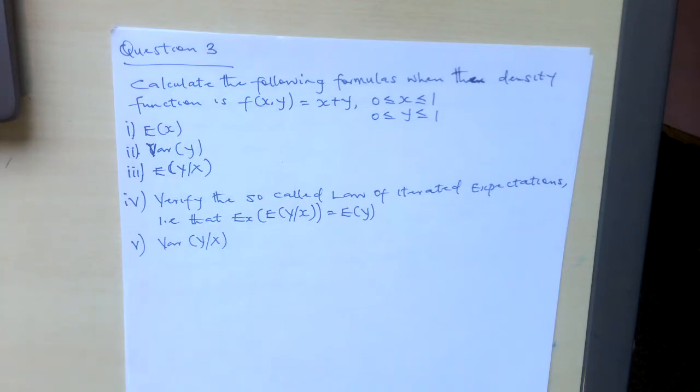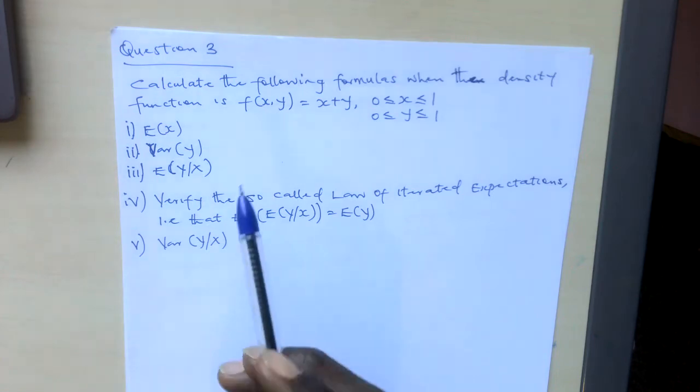So for us to get the expected value of x from the joint function, I think the first thing we need to know is the PDF of x. Now this is the PDF of x and y.